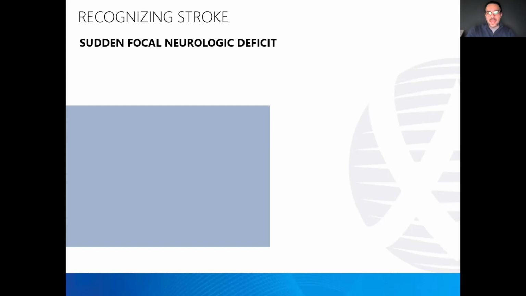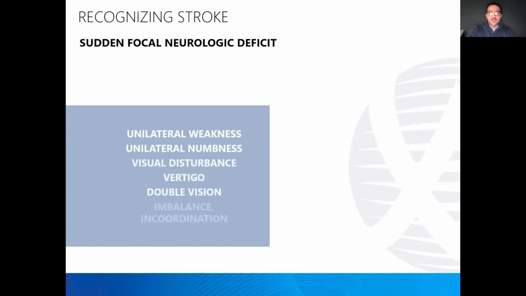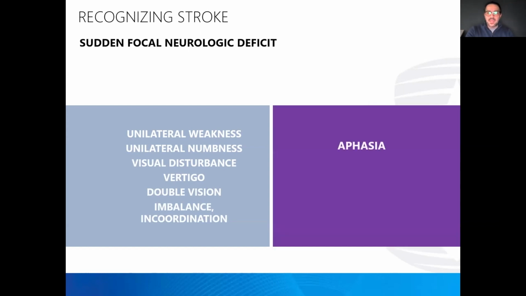So it's important for physicians, even if you end up not going into this field, to be able to identify these deficits: unilateral weakness, numbness, visual disturbances, vertigo, double vision, imbalance or incoordination. The BE FAST mnemonic is extremely important. But some things are a little more difficult, like aphasia.